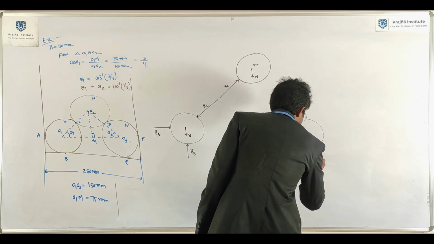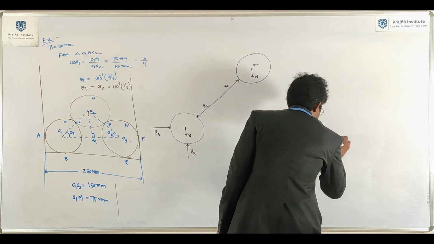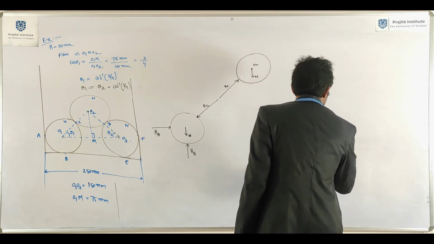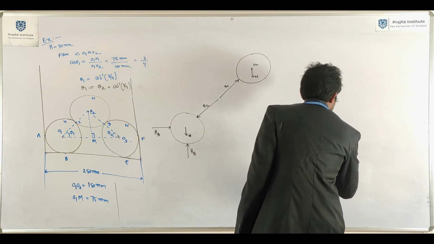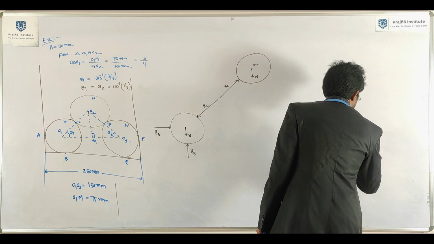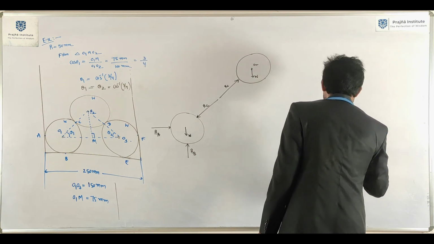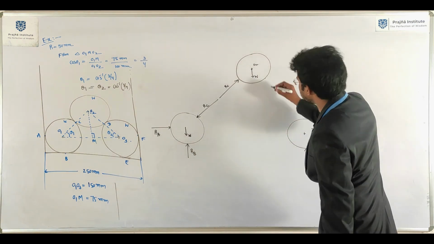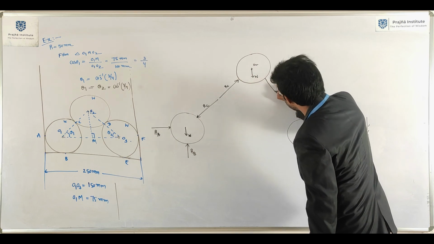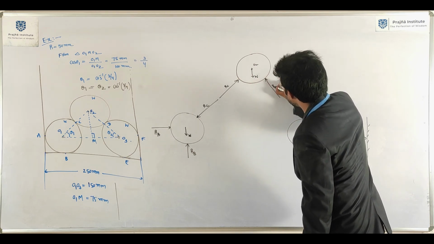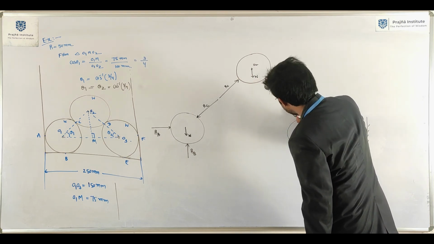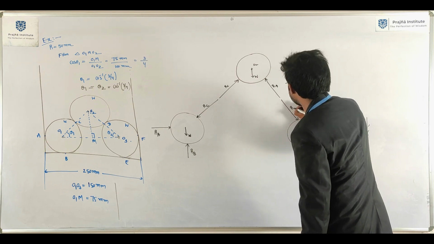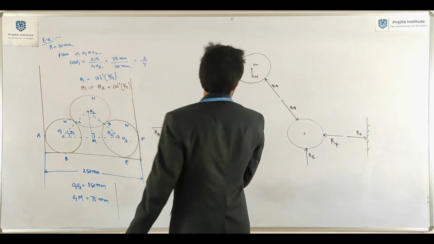Then here RE, it will be RF, and more RF will be acting on the vertical surface, and then RD will be acting on this, another RD will be acting on this particular thing.